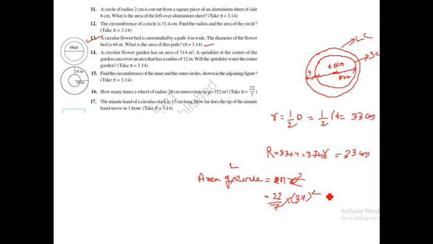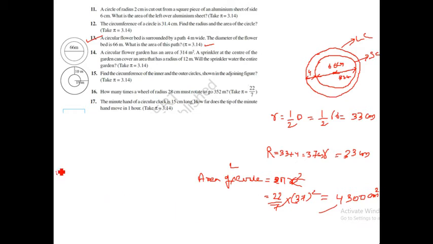On calculating, we have pi into 37 into 37, that is around 4300 square units.